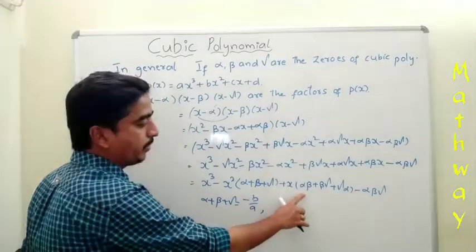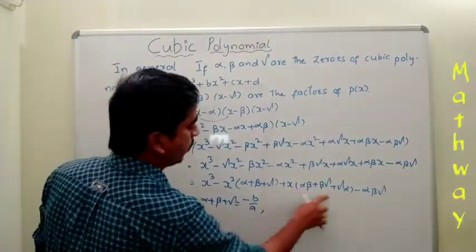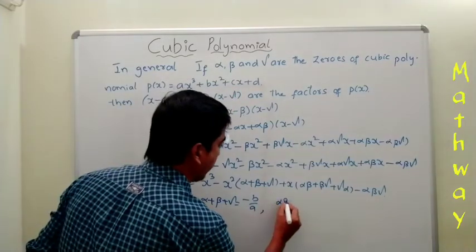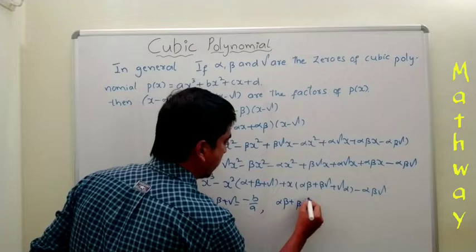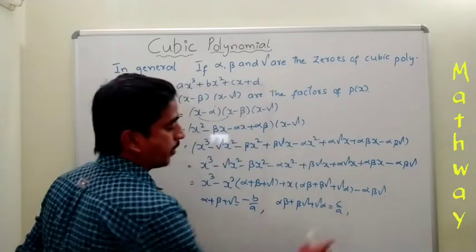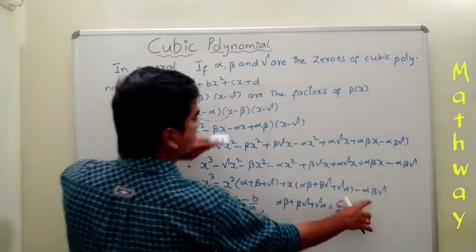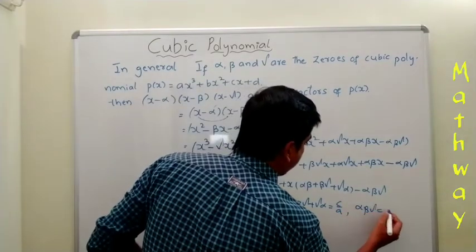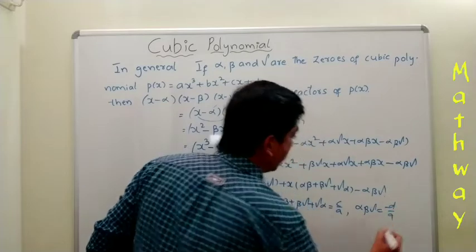And the sum of the product of the zeros, that is the coefficient of x, so alpha beta plus beta gamma plus gamma alpha is c by a. And the product of the zeros with the constant term we got finally, so alpha beta gamma is minus d by a.